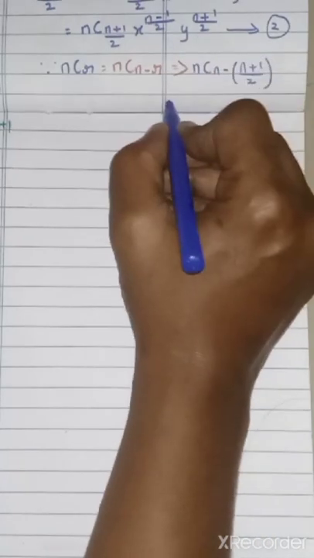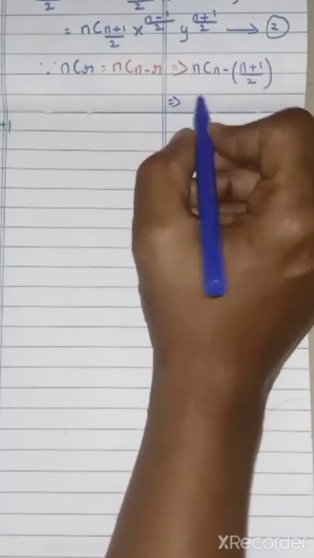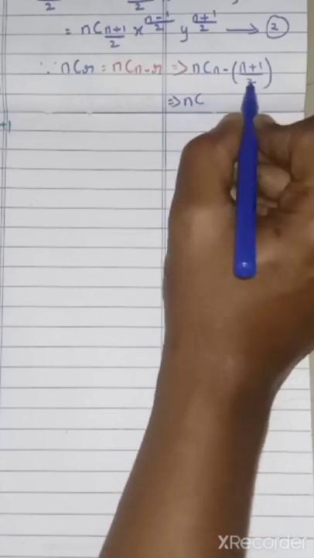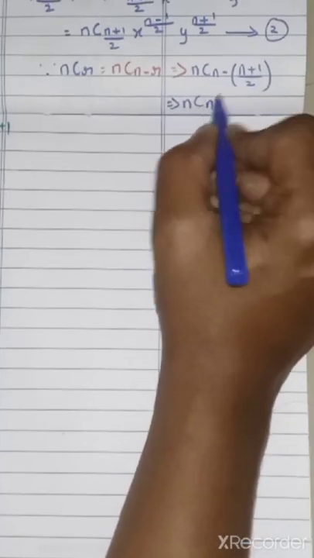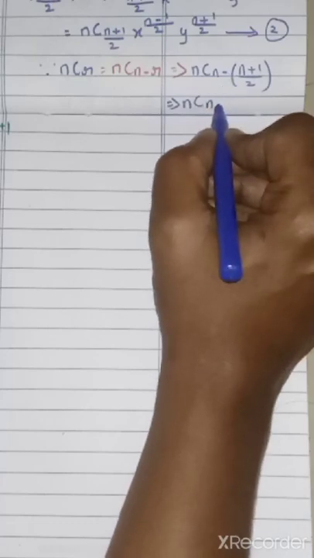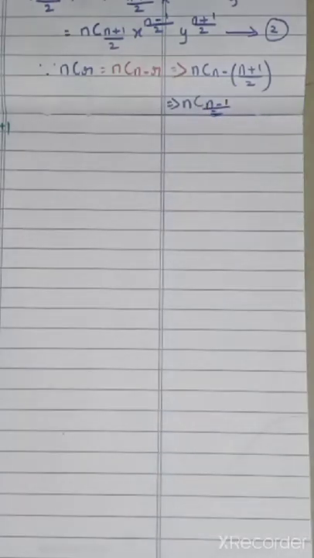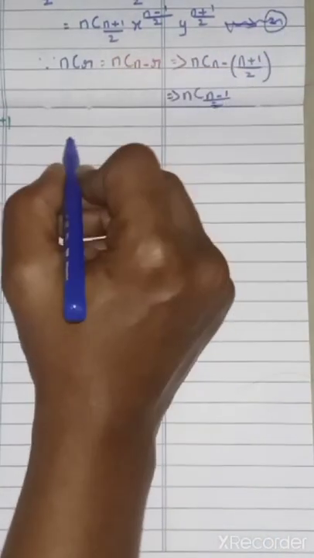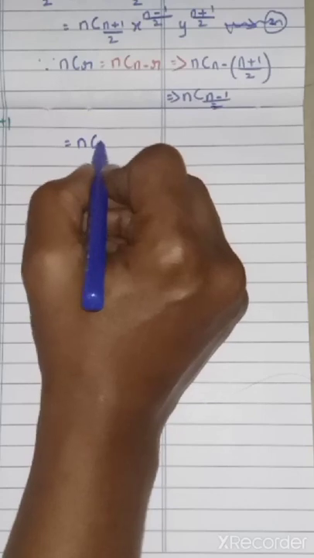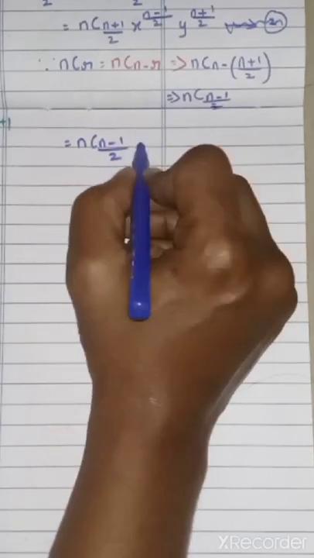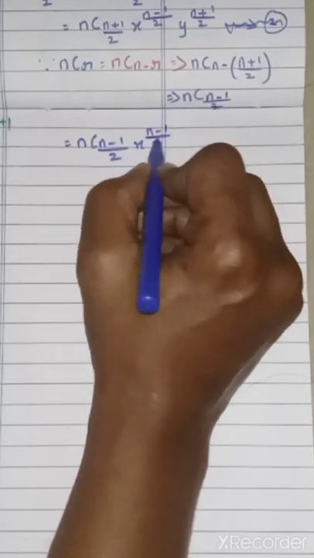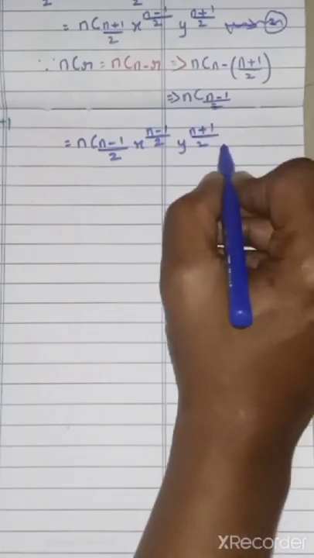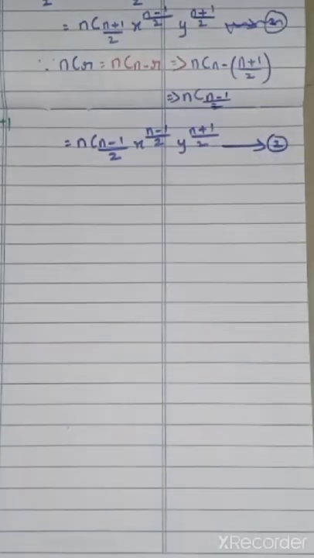Again if we simplify this, you can write it as nC((n-1)/2) x^((n-1)/2) y^((n+1)/2), after 2n minus n, and plus into minus minus. Now this is your second equation.